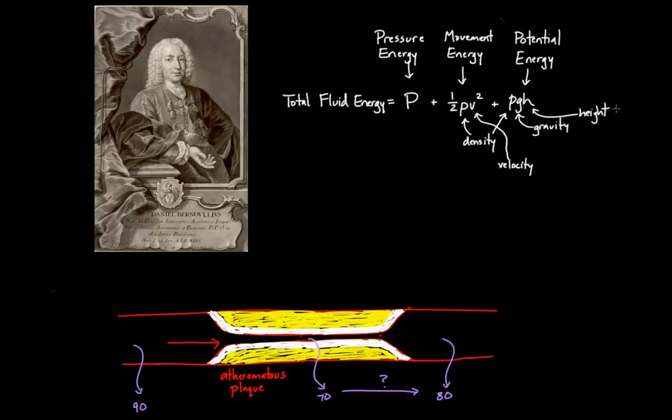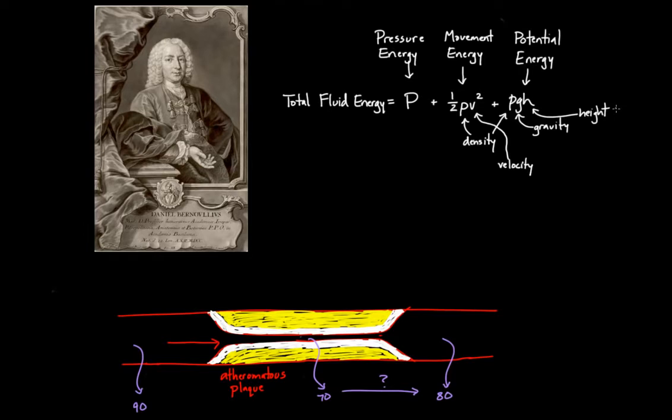So here he's saying if you have some blood in your head, obviously that's going to be higher off the ground than blood in your toe. And there's some potential energy that comes with being in your head versus being in your toe. And so that's what that potential energy part is talking about.